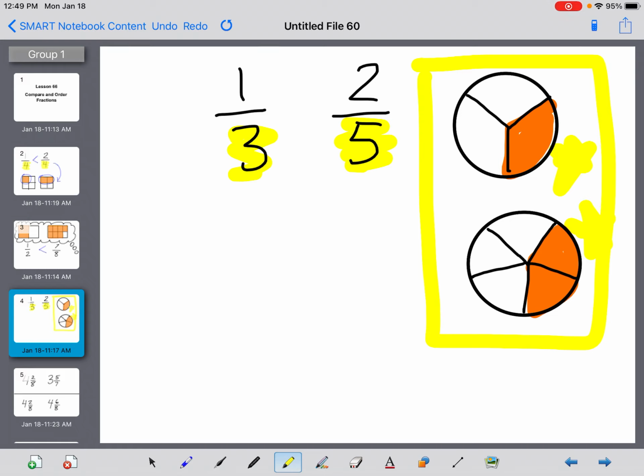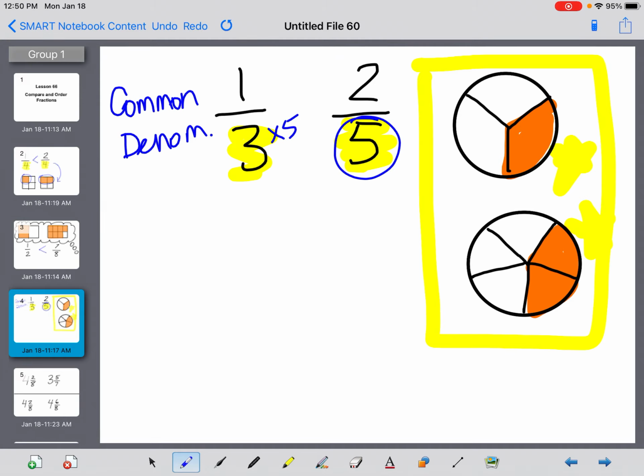So what we actually have to do is find a common denominator. We have to find a common denominator and convert these fractions to know for sure which one is bigger, or if maybe they would be equal. Now, I don't think I've mentioned so far in these videos that whenever you need to find a common denominator, what you can always do is just take the opposite denominator and multiply that number by your fraction.